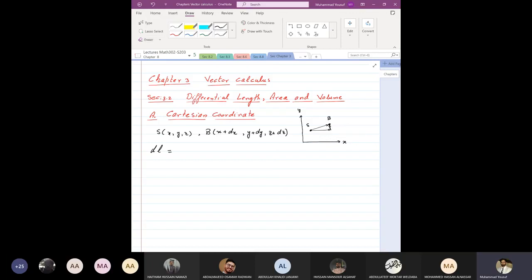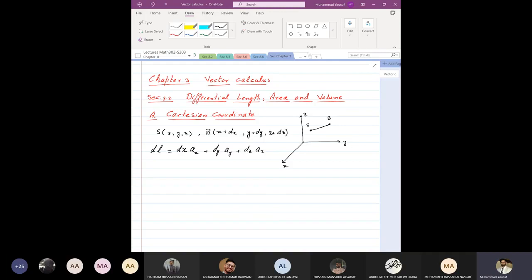So the similar thing is, now let me go back to the original figure, the previous figure. This one. So for this small change, this small dl will be equal to dx a sub x plus dy a sub y plus dz and unit vector az.